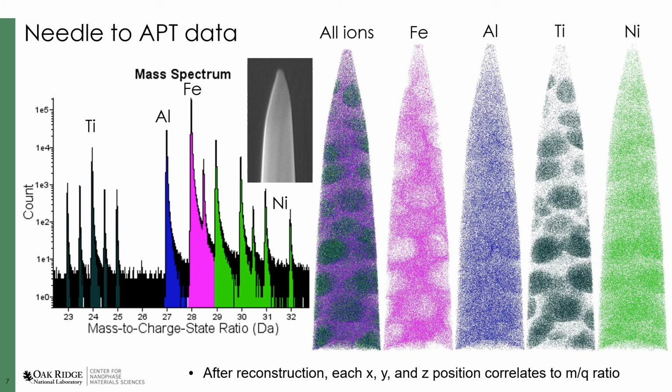And we can individually select each of these regions of the mass spectrum and display their atom maps in order to visualize the differences in each of these elements. As you can see, we have the all ions, iron, aluminum, titanium, and nickel atom maps. We can see the titanium and nickel segregation within the L12 precipitates of this material.